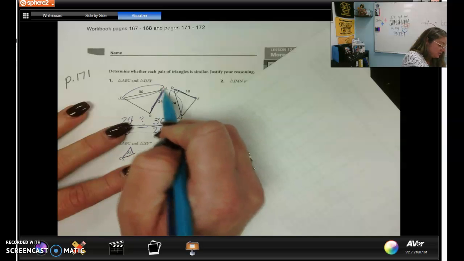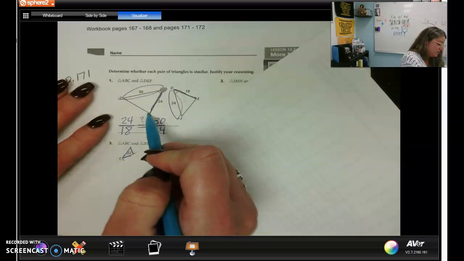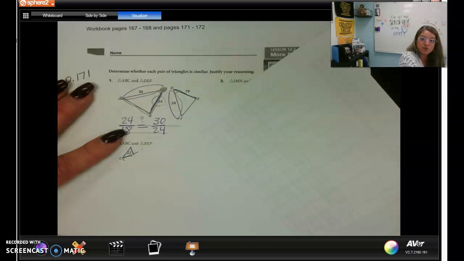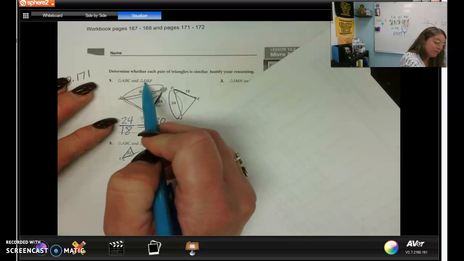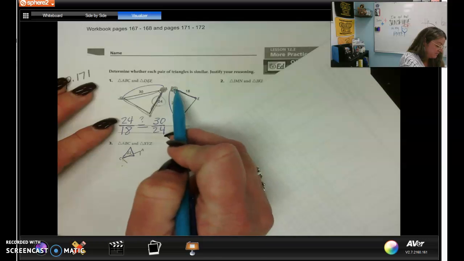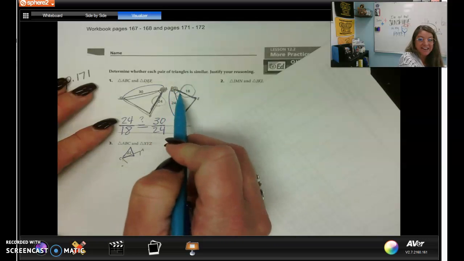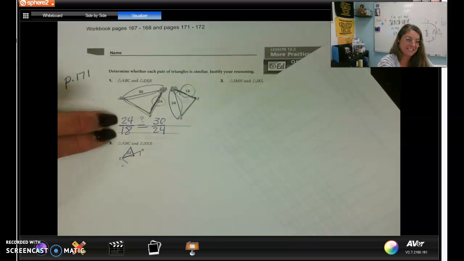As you start at point A, okay, and you go around the triangle, so from A to B to C, I went over the 24 line first. So I'm going to put 24 on top. Then as I go over on my other triangle, D, E, F, so if I start at D and go E, F, I went over the 18 first, which is why the 24 and 18 should get lined up together.